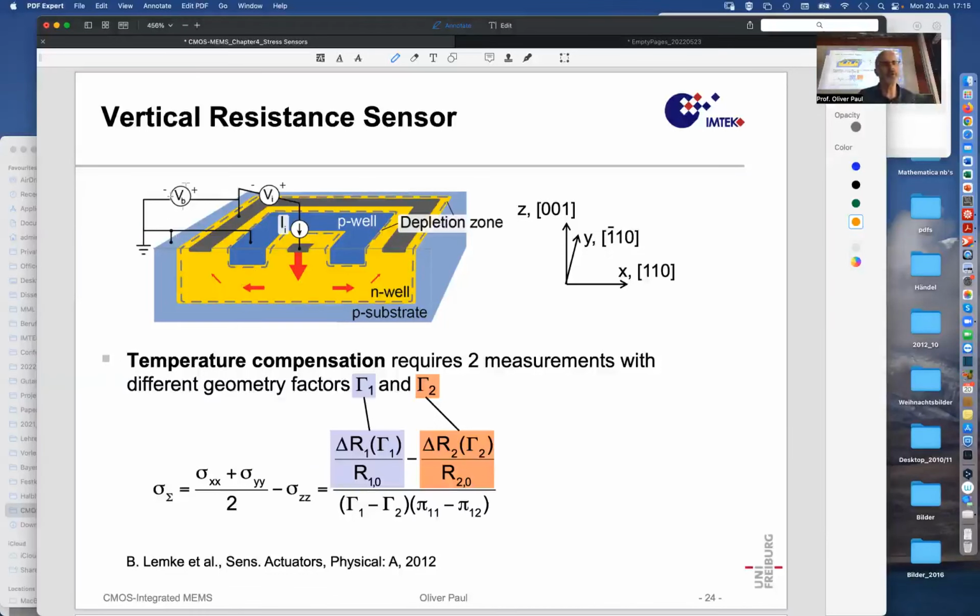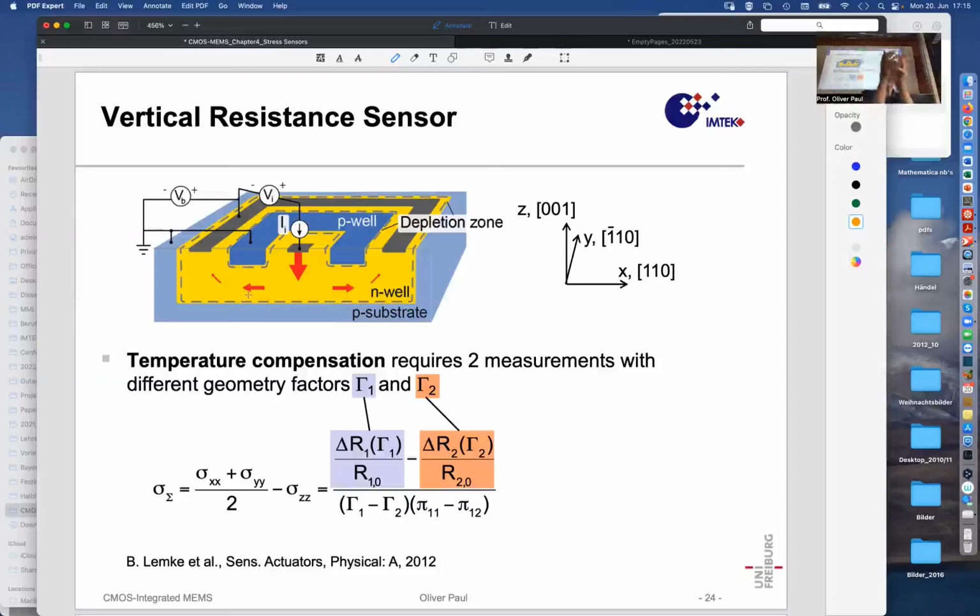So by varying VB, you can vary the geometry of the sensor. And that means that you can, let's say, make this vertical channel narrower, and this vertical channel narrower also, or you can make this horizontal part narrower.